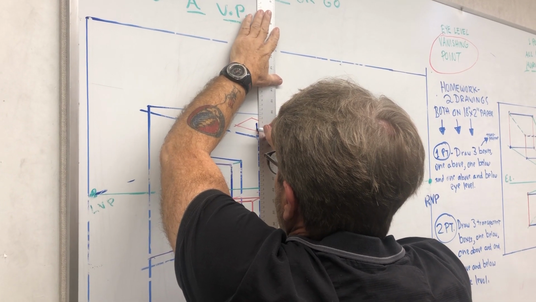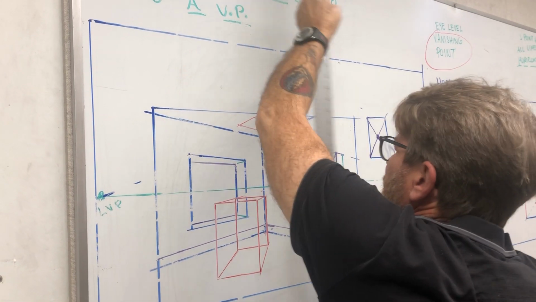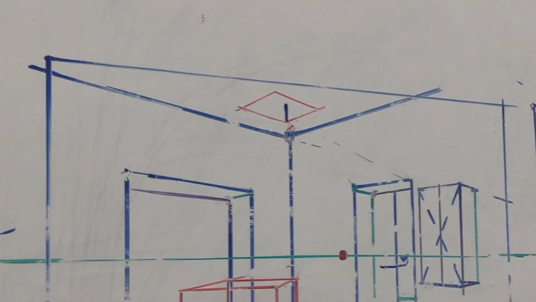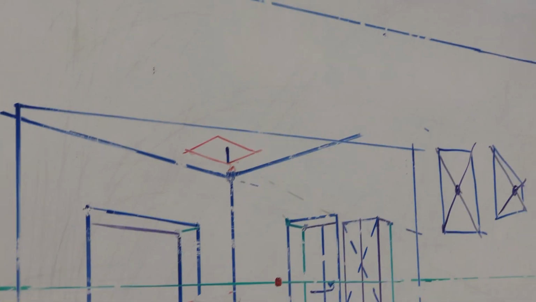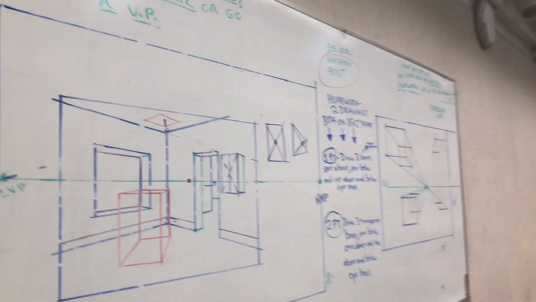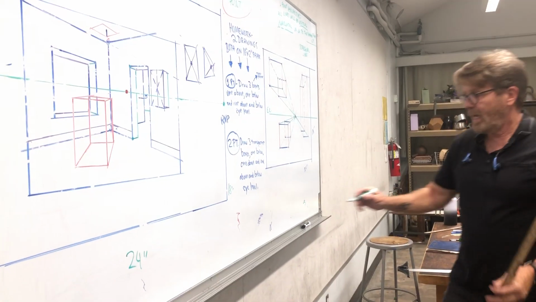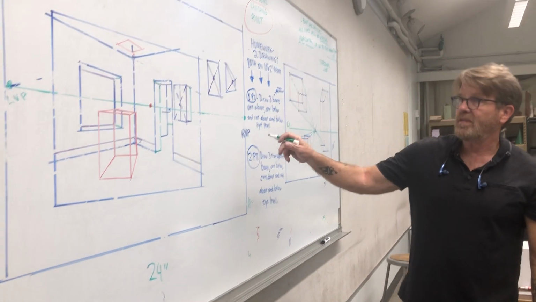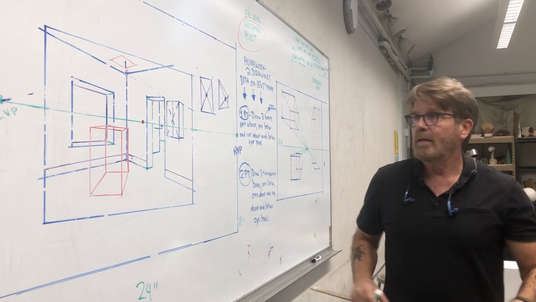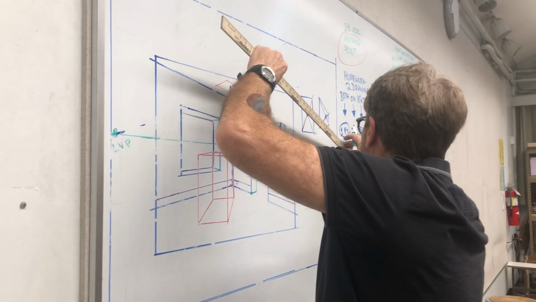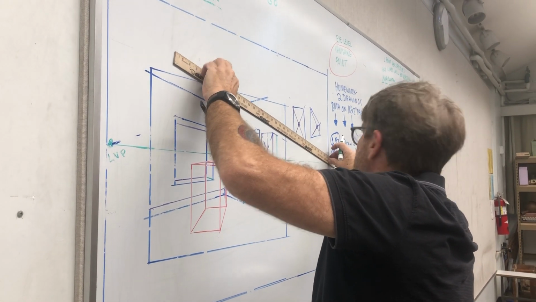Thickness of the roof. And then 2 more lines, one going to my right VP, one going to my left VP, and my basic skylight is finished.